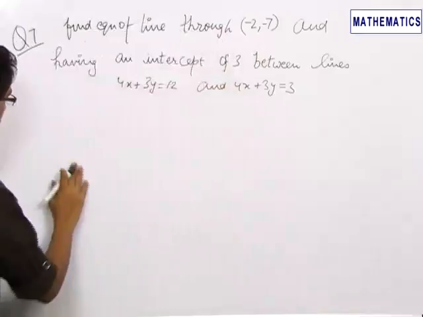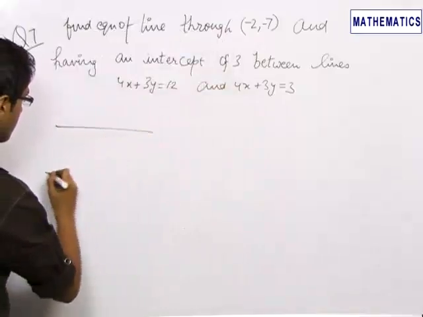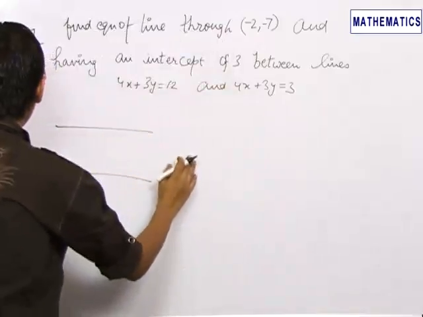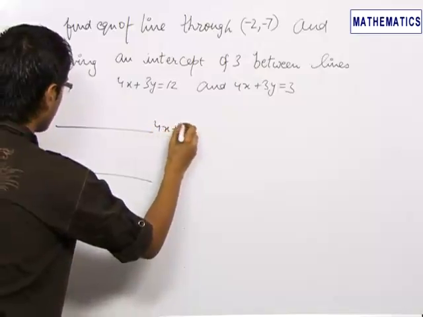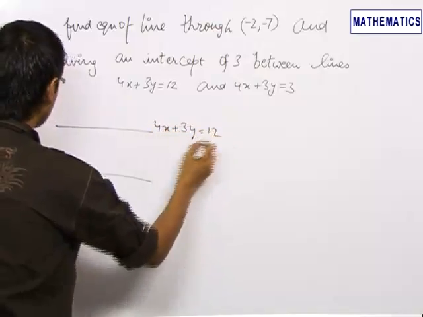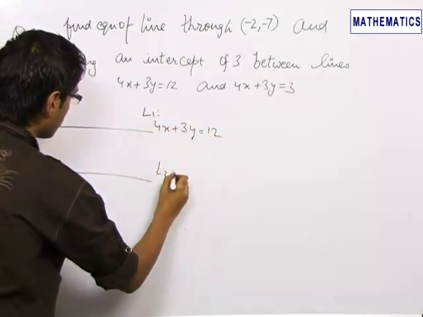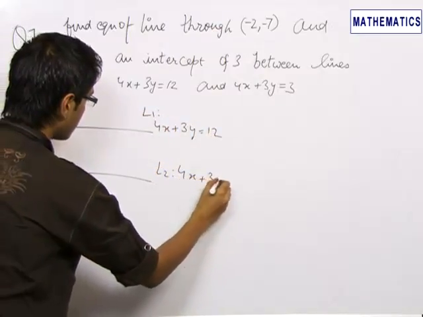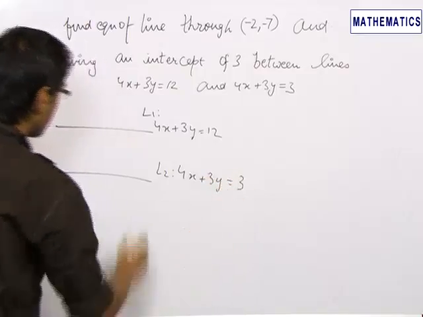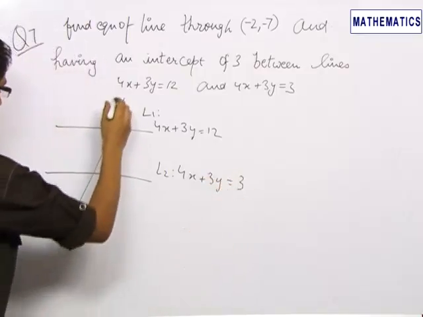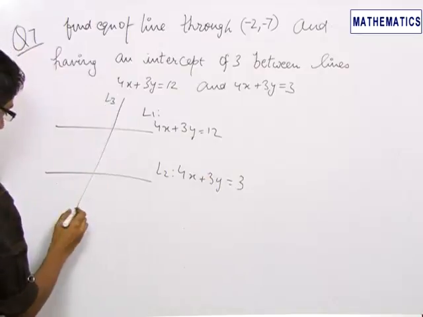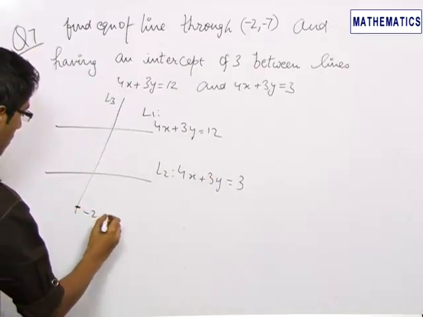Now as usual, we first draw the two lines. Let us say this is 4x + 3y = 12. Let us call this L1 and this L2, 4x + 3y = 9, and this is a variable line. Let us call this L3, which passes through (-2, -7).